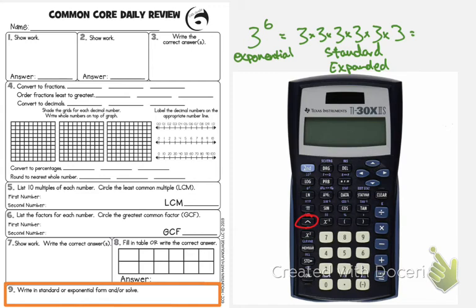If you are on a keyboard for your Chromebook or another computer, you need to push Shift and 6. You're going to notice that same little triangle piece right above the 6. So if we were doing this in our calculator, we could type in 3, then to the power of, which is called a caret, 6, and that's equal to 729. So we have our value for this problem now.